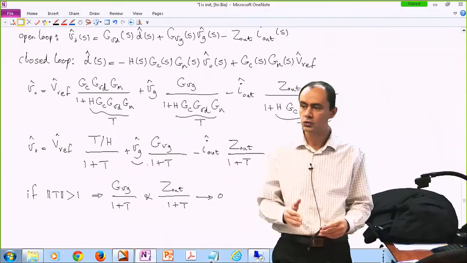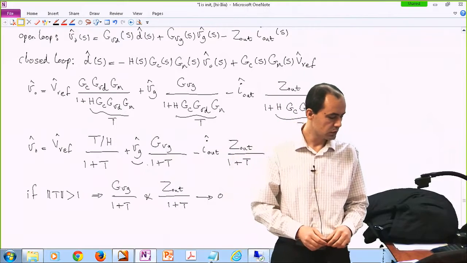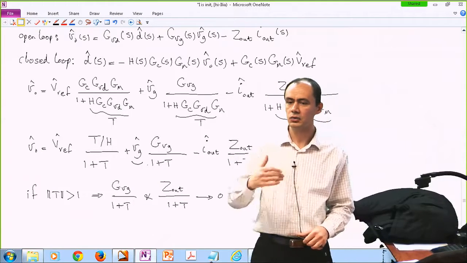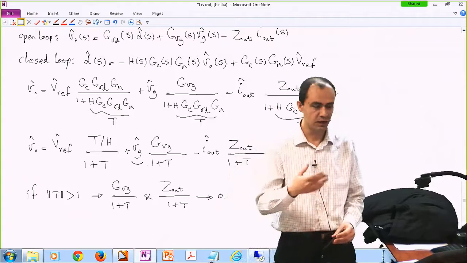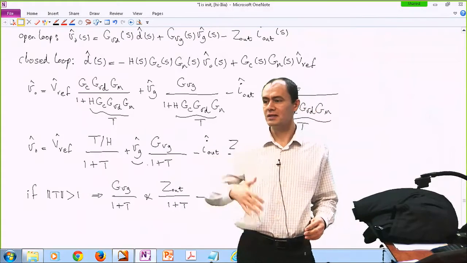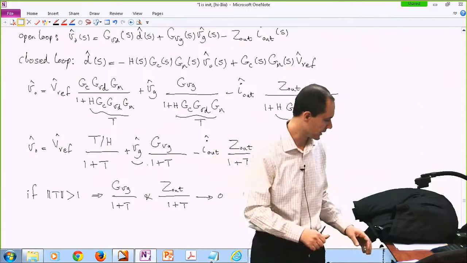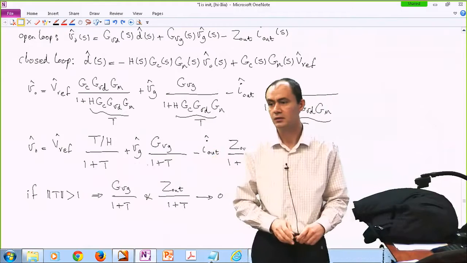And in order to eliminate that in the output of your DC-DC converter, you got to make sure your loop gain at 120 hertz is very, very large. For instance, 5,000 or 10,000. So then you divide everything by 5,000 or 10,000. So basically, you're attenuating everything that appears, like an audio susceptibility kind of a thing.